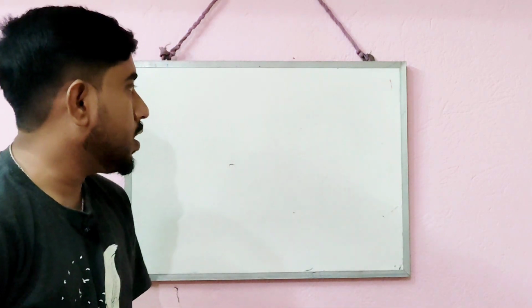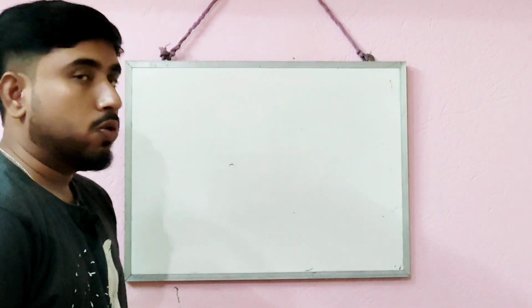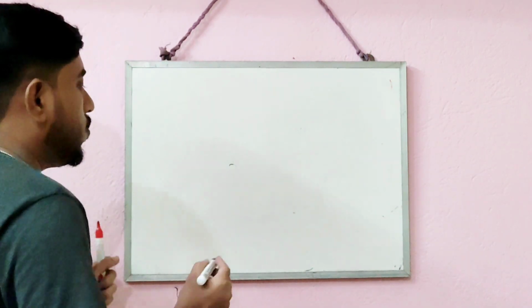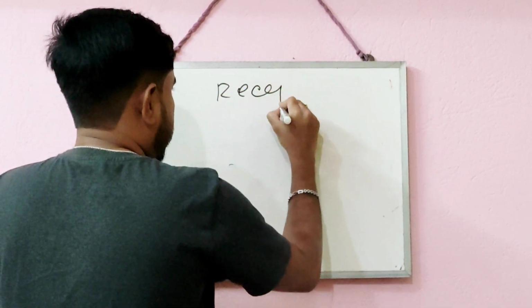And among those components, I told you about the most important one, which plays the most important role for a drug to show its action at a specific site and give the desired therapeutic effect. So today in this class I am going to discuss in brief about receptors.